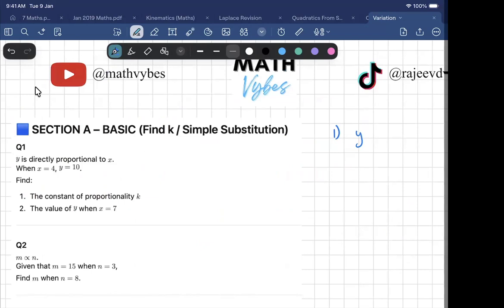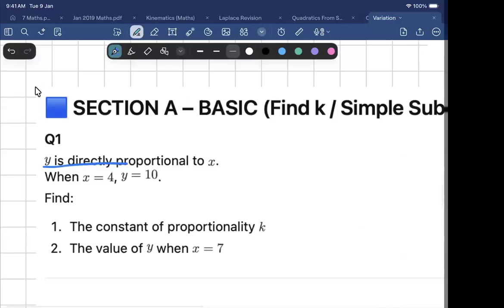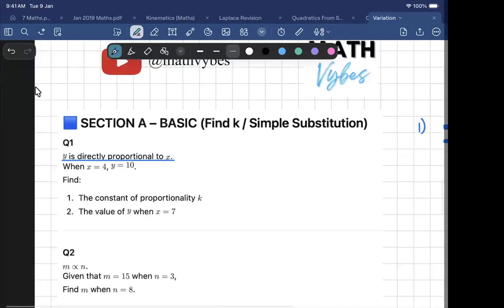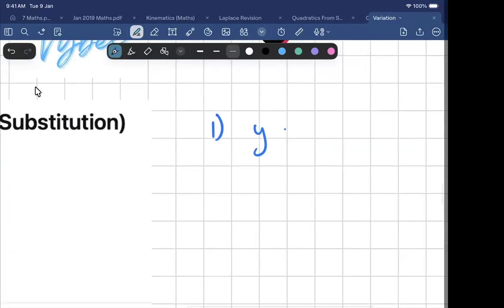Y is equal to 10. Nah. So when you read the statement, what are they saying? Y is directly proportional to x. So you could put the sign for directly proportional. And what's the next sign going to look like?